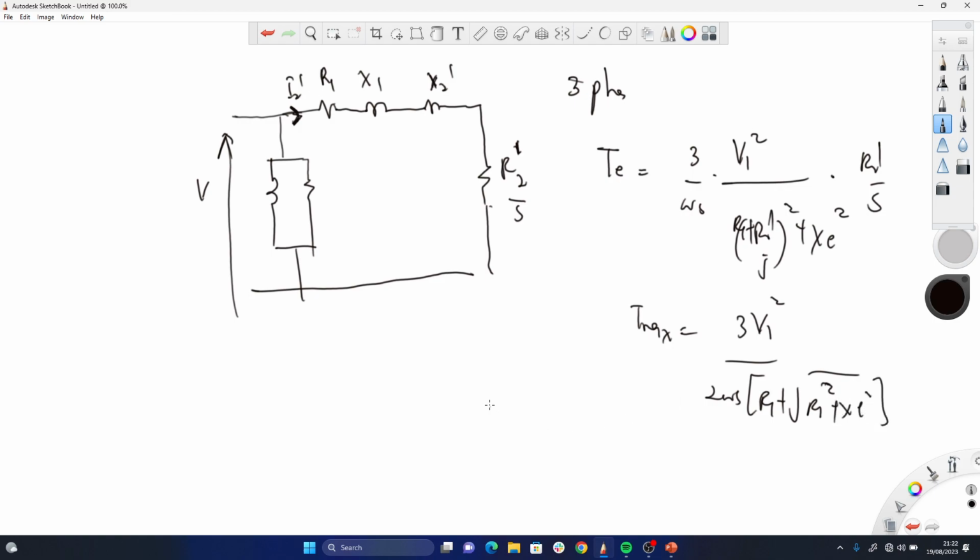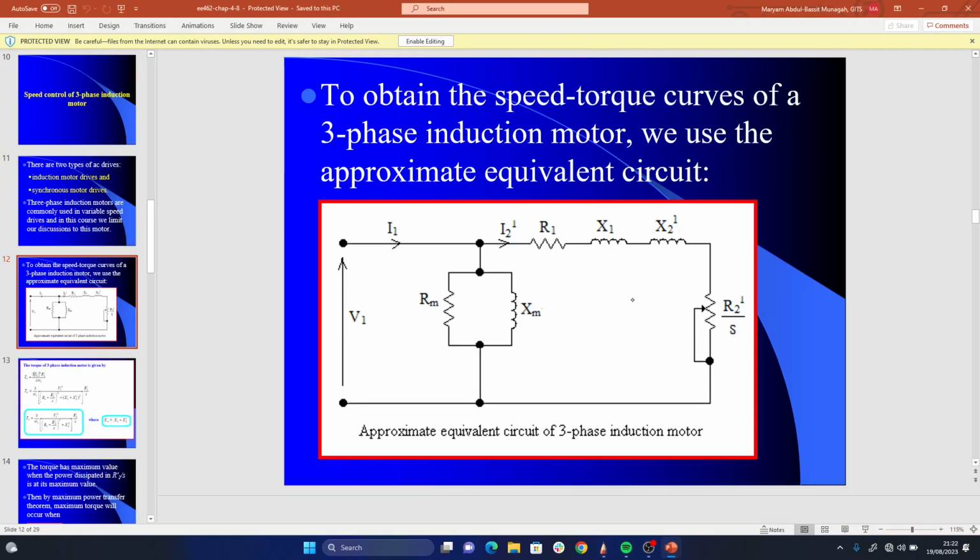Remember the slip formula: slip was R2 prime over the square root of R1 squared plus XE squared. So all these formulas hold here too.